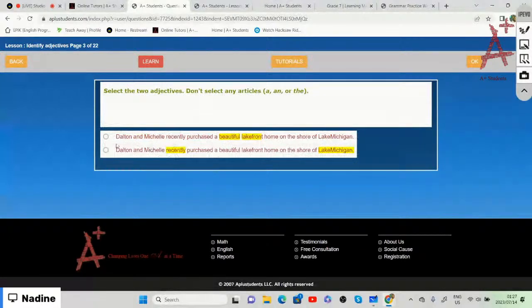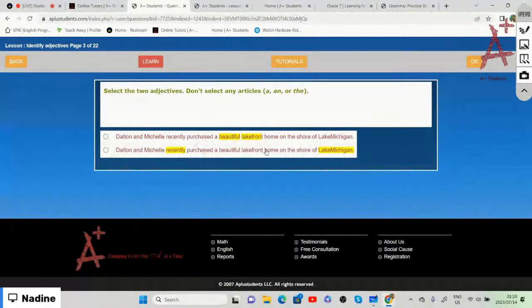All right, the next one. Dalton and Michelle recently purchased a beautiful lakefront home on the shore of Lake Michigan. In the first option, they identified two adjectives, which are beautiful and lakefront.